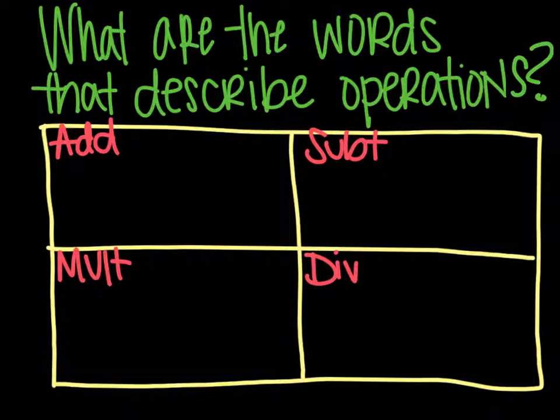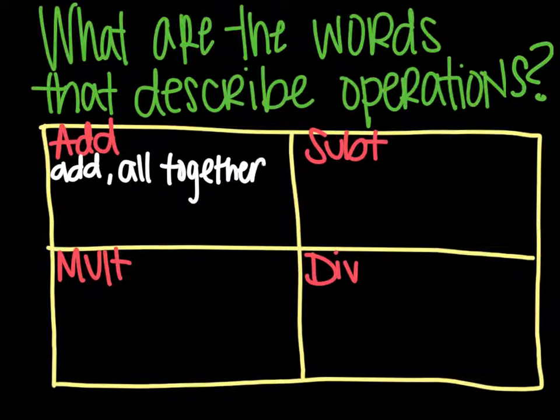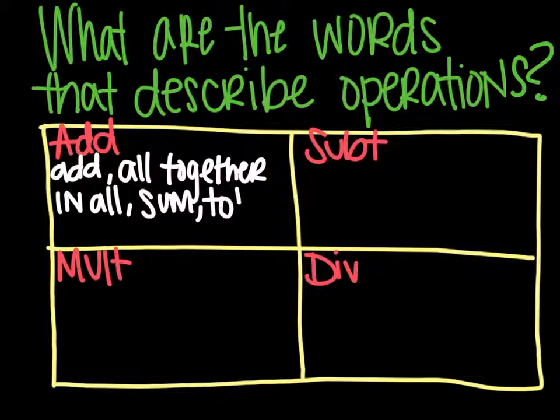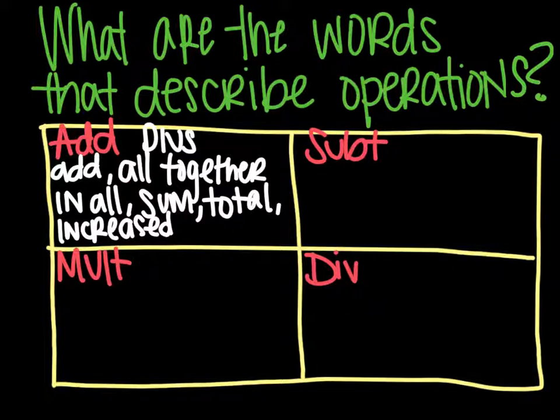So things that you would hear would be add, all together, in all, sum, total, increased, plus would be one, more, and more than, which I ran out of room, but write both.